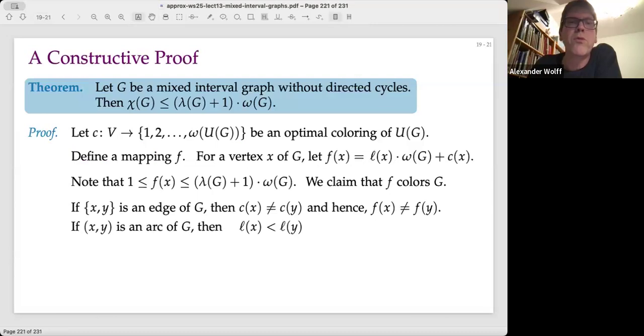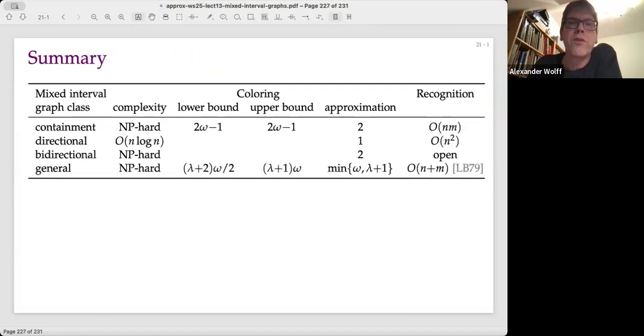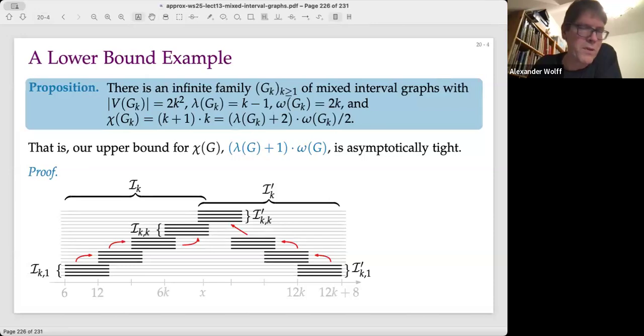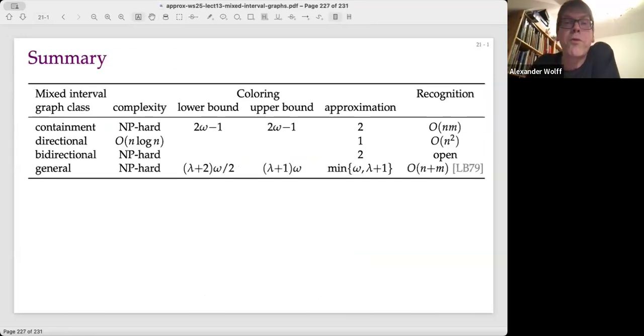So this was the proof, and this was the example for this mixed interval case. And this is an overview of the results we have. So we got for containment, directional and bidirectional and general mixed interval graphs. We have shown that most of these cases are actually NP-hard to color, except for the simple directional case.